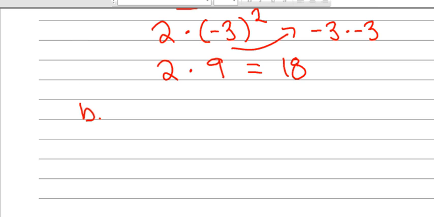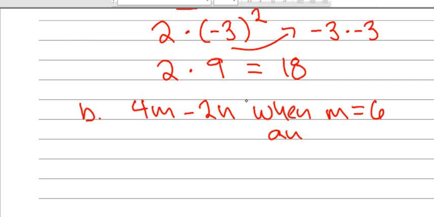Part B wants us to evaluate 4m minus 2n when m equals 6 and n equals -8.